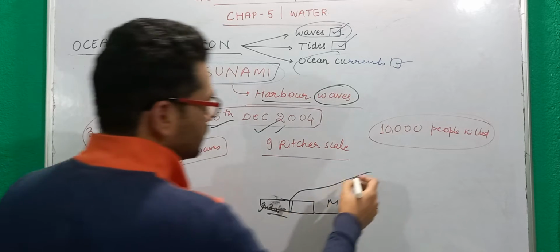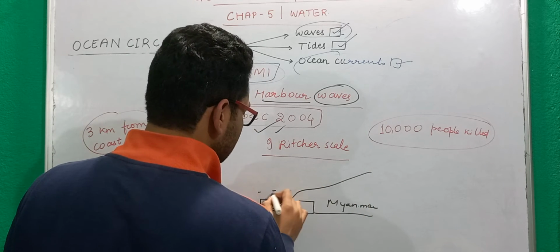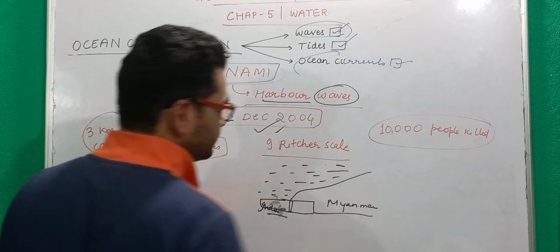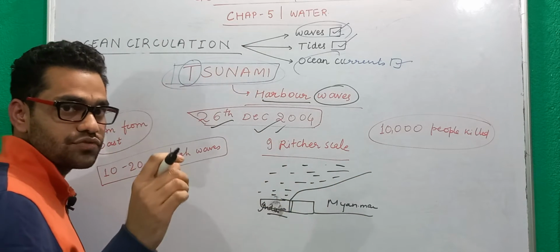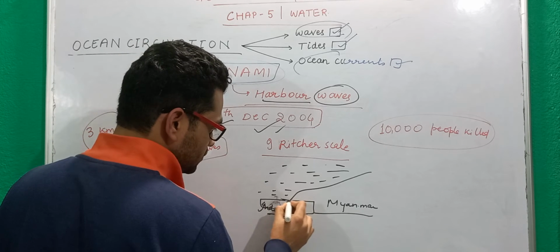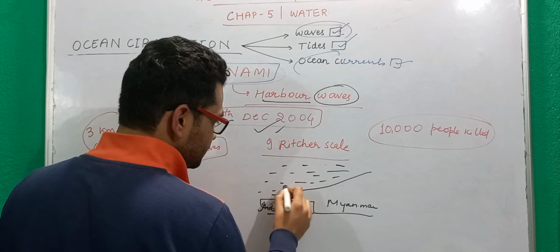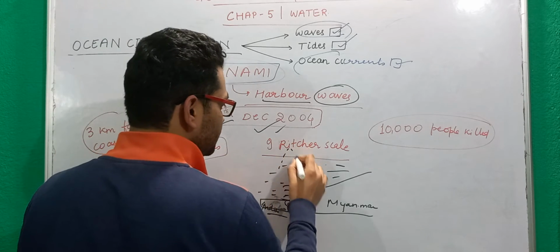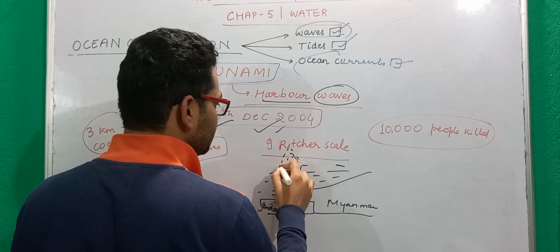As a result, the water that was lying here, we know the mechanism of earthquake: the earthquake is caused when there is interaction of plates. So when this subduction occurred, a large amount of energy was released, and because of this release of energy, the water started rising above.